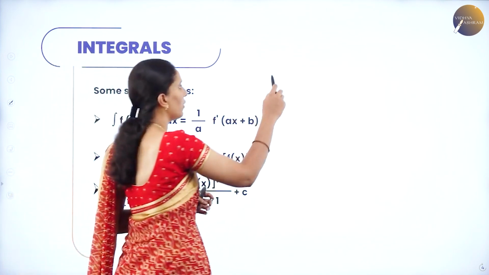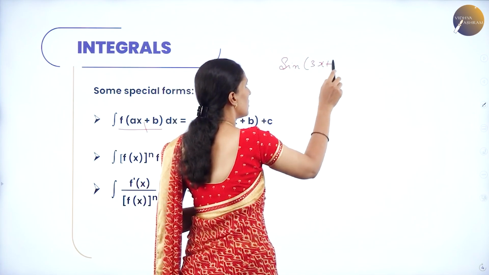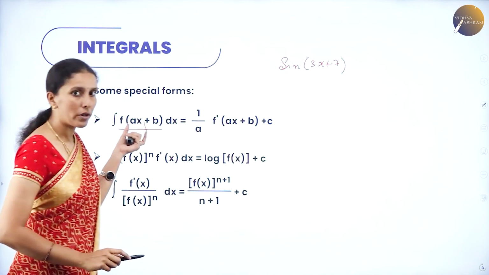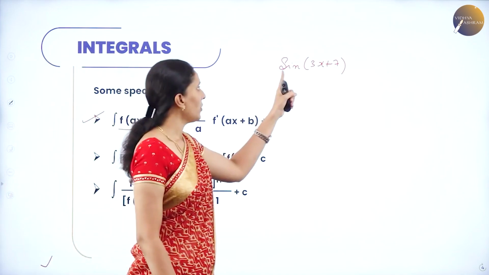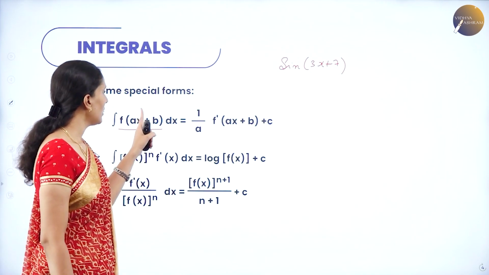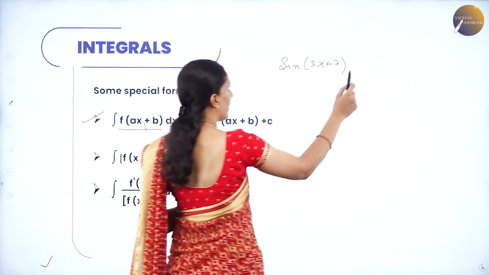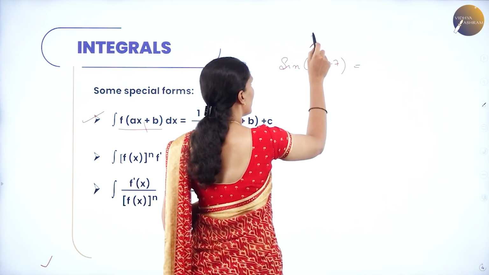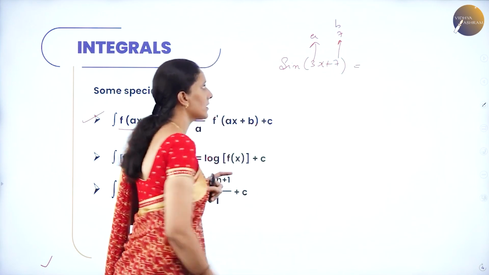For example, if you have sine 3x plus 7. So these are all some important integrals. You can just remember to write it. So when you have a function in the form of ax plus b, the derivative will be in the form of 1 by a. So here a is nothing but 3, and b is 7 here.